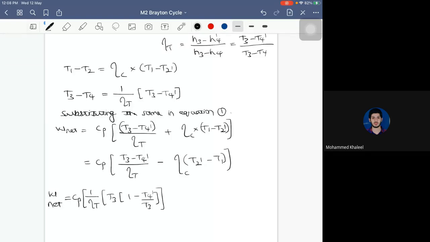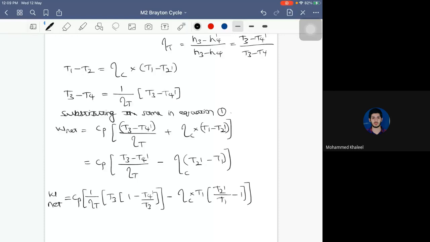Correct? Minus efficiency of compressor into T1 common, if we take that, it would be T2 dash divided by T1 minus 1.